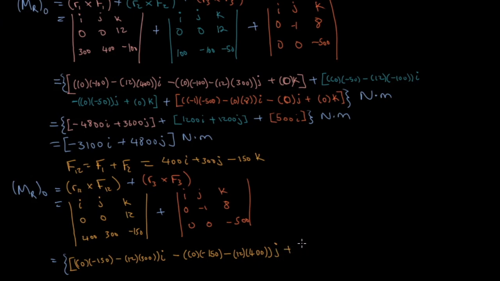And plus, we cancel this out, it'll be 0 times 300 minus 0 times 400, and we know that that's just going to be 0. So we got 0k.